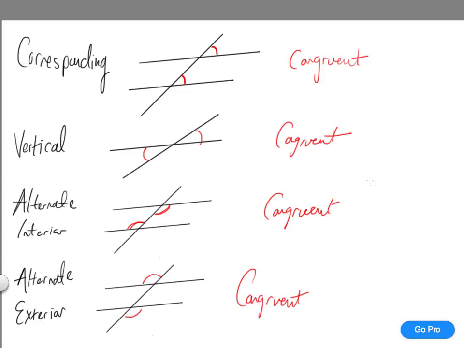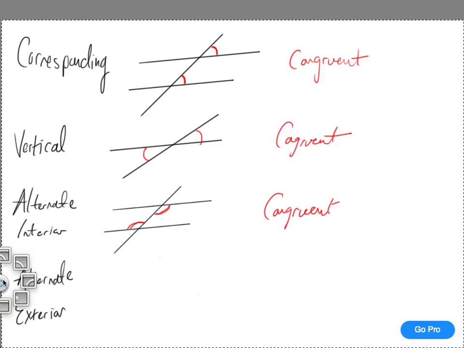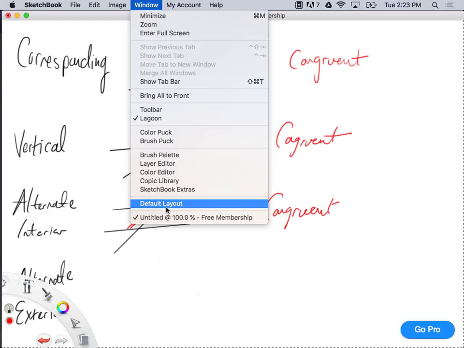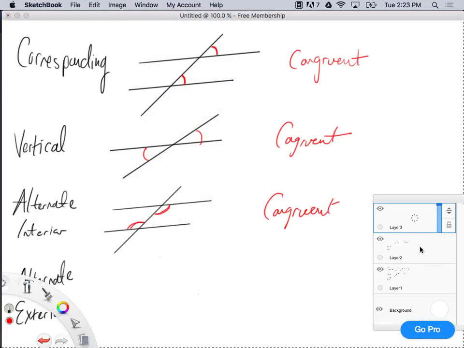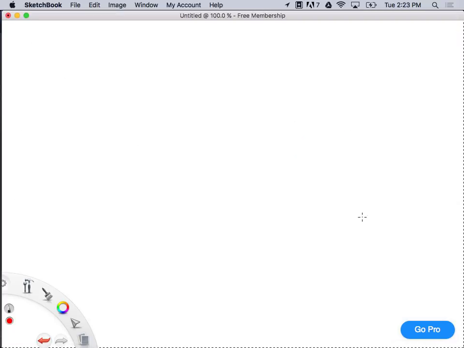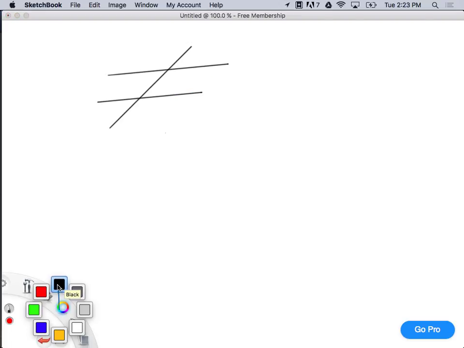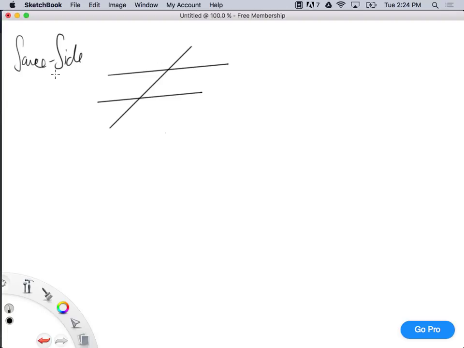Now, same side, same side interior. So on the same side of the transversal and on the inside.